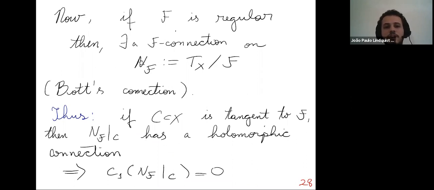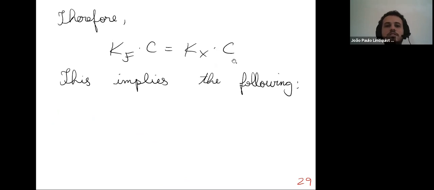So c1 of N_F|C here is zero. In particular, c1 of K_X|C is equal to c1 of K_F|C. In other words, K_F·C is equal to K_X·C.